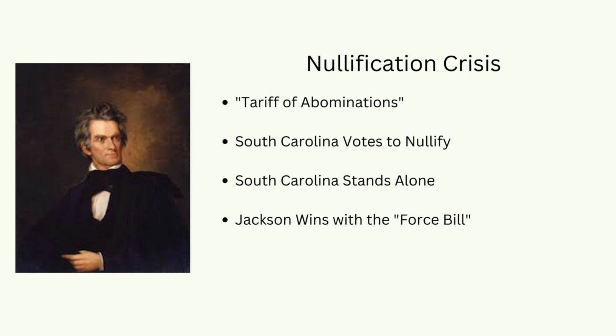The question always comes up, who gets the say over these issues? And so this is kind of a problem that's been going on for a long time in the United States. And in most cases, the states and the federal government have been able to work it out, with one notable exception. But in 1832, they were able to resolve the crisis, and we did not have a civil war.